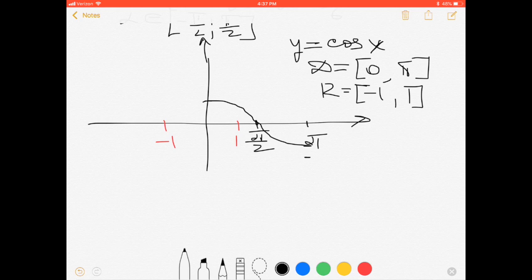You remember pi is 3.14. This means it's about 3 times longer than what I have here. This will be π/2, and this will be pi.